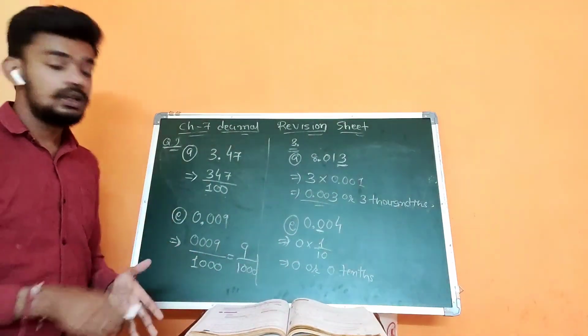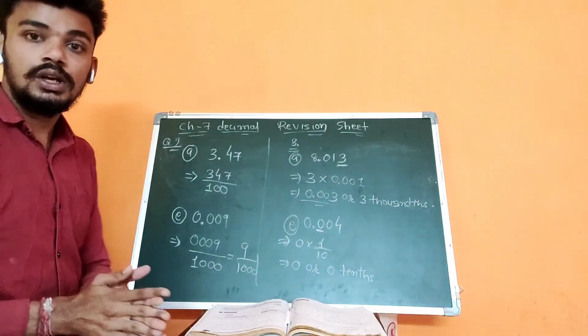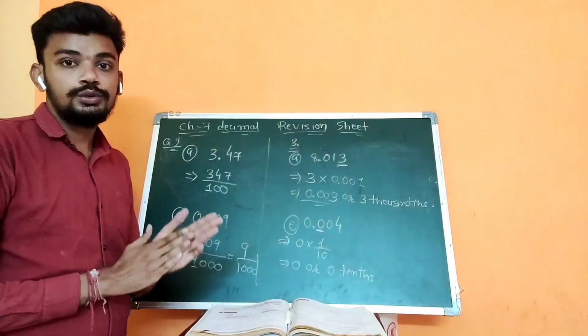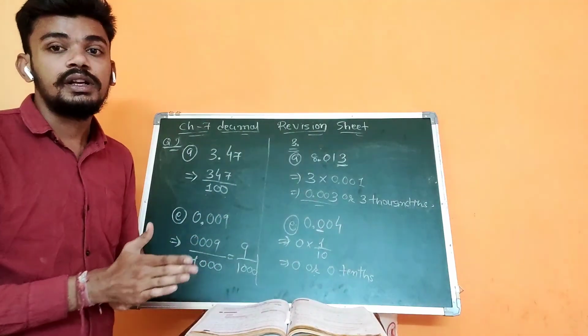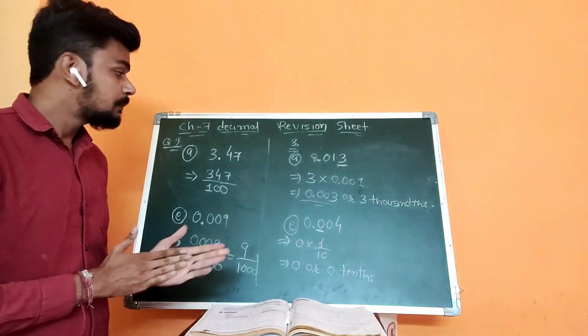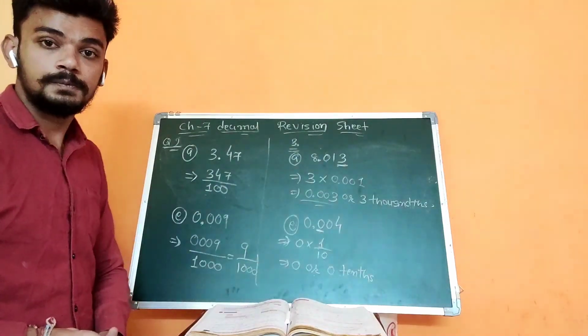On that I have done some questions. Remaining questions you have to do in your homework. If there is any query on this, let me know. Okay, that's it for today. Okay, bye.